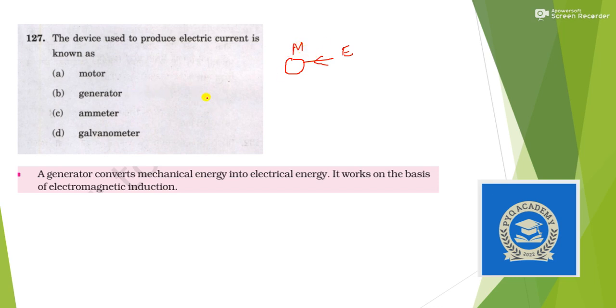In the case of a generator, it needs mechanical energy and converts it into electrical energy. The question was asking about a device used to produce electric current, so the answer is option B. Another option is ammeter. No, it is not a producing device, it's a measuring device. And galvanometer is also a measuring device. So our answer is option B.